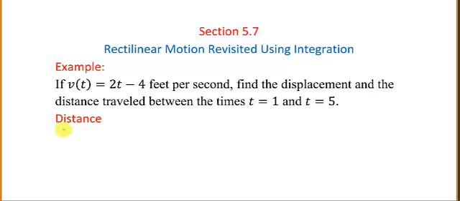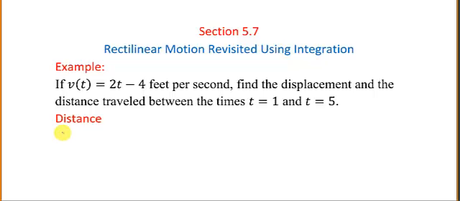To find the distance traveled, we have to take into consideration that this thing is going to be backing up sometimes when the velocity is negative, but it will still be traveling, and it'll be going forward when the velocity is positive, but again, it'll still be traveling.